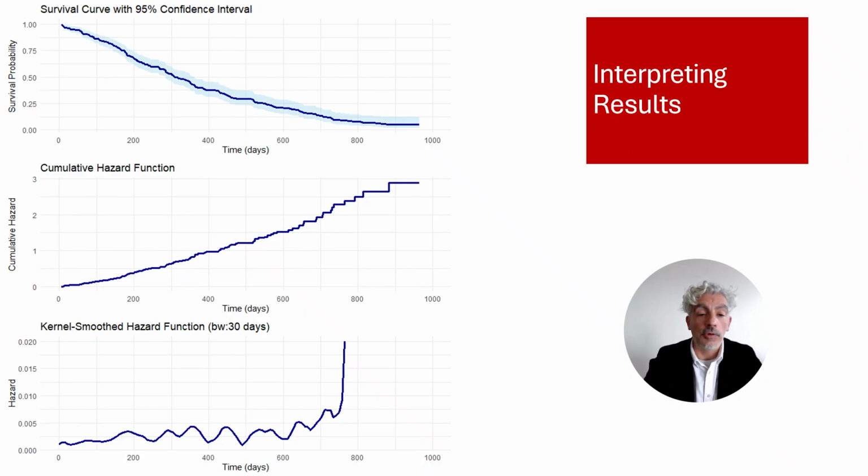Then we can usually look at the cumulative hazard functions and then the smoothed hazard functions that can then provide information about periods of higher and lower risk. So really the point here is that it's important to explore and consider different types of statistics when we are trying to get some insight into the phenomena of interest when we are exploring survival data.